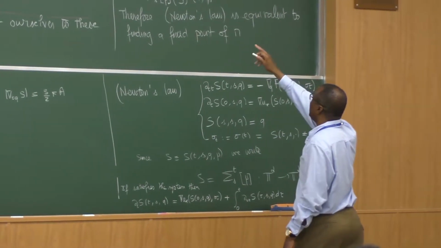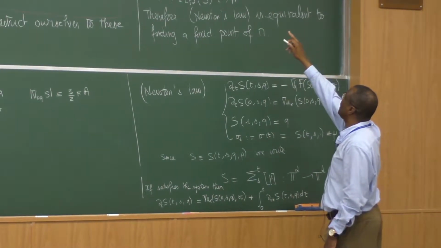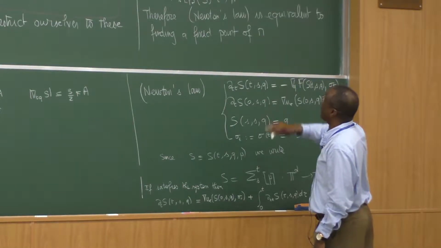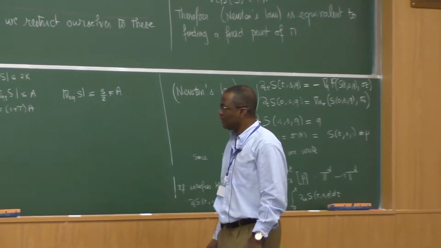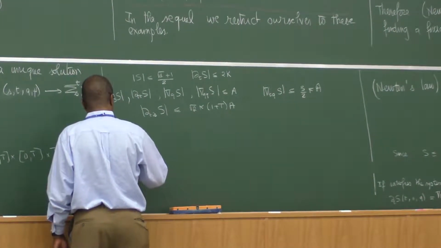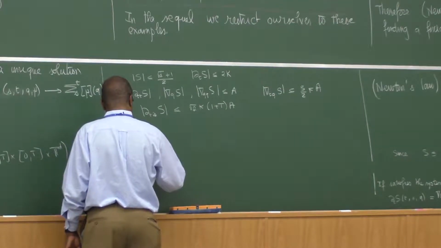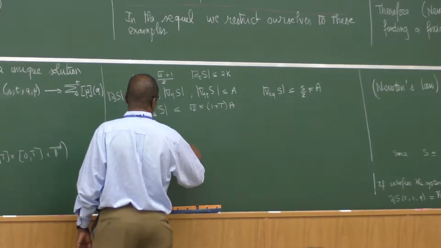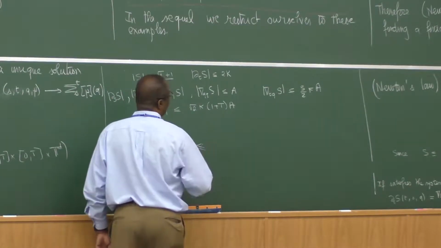So you can see from them that no matter how I choose S, M S will be less than. Observe, M mu of S in absolute value.